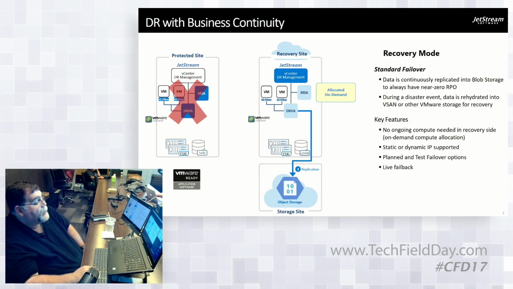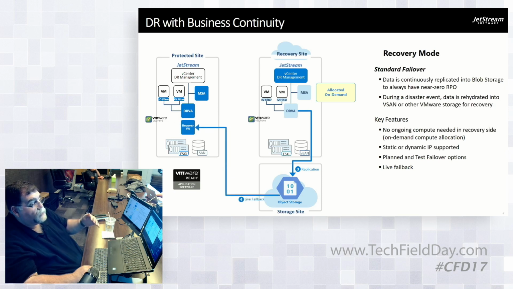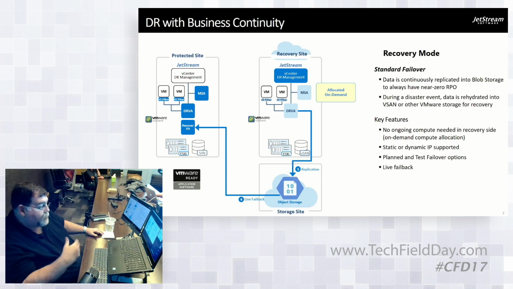And should we plan to fail back, or recover whatever needed to be recovered, remediate whatever on the protected site, then we'll initiate a failback. Now, in the case of a failback, both sides are up and running. So we'll start the rehydration. When we start the failback operation, the VMs will continue to run on the recovery site. The DRVA there will continue to update the object store.